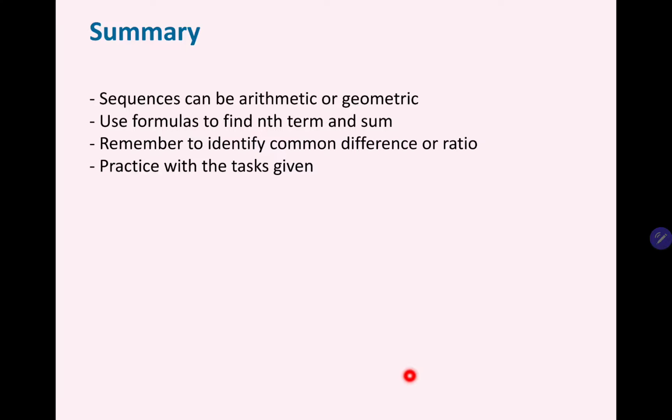Use formulas to find any term you want in a sequence, be it arithmetic or geometric, and you can also use formulas to find the sum of any number of terms. Remember to identify the common ratio or the common difference. That is the key to differentiating arithmetic progression from geometric progression.